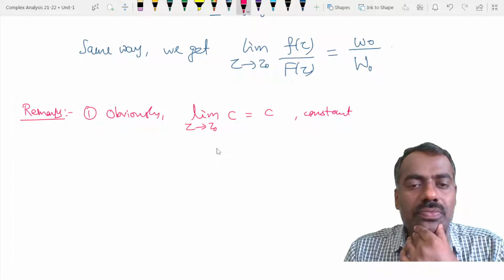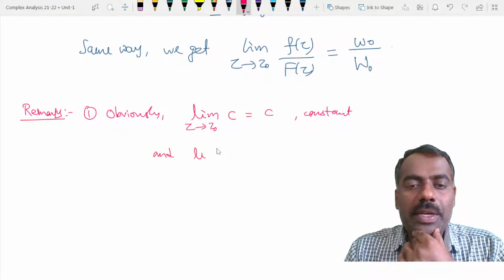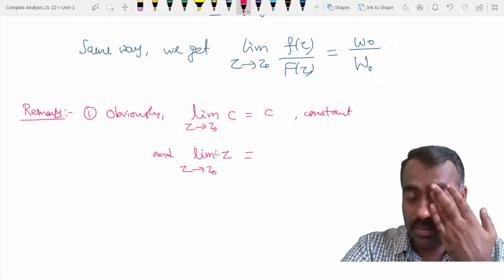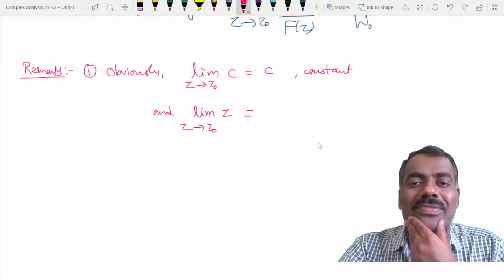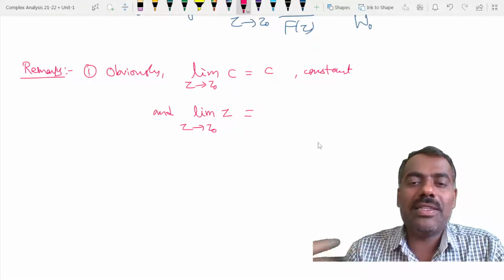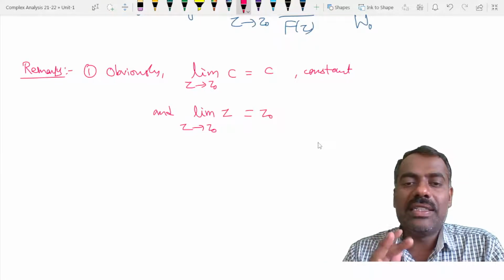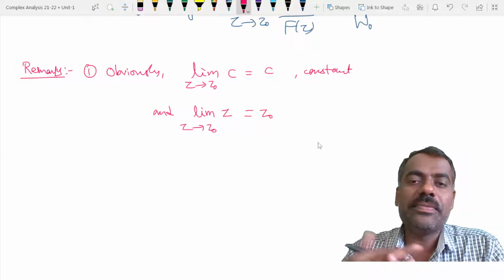Second one, limit of z as z tending to z naught. What should be this value by definition? Obviously, z naught. So what is your delta? Given an epsilon, what should be your delta?